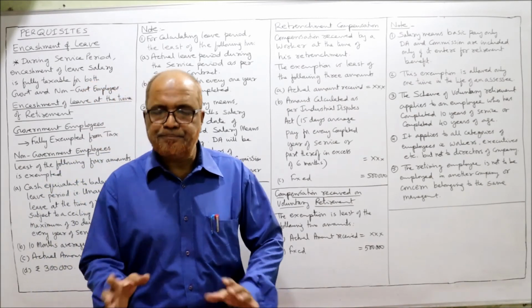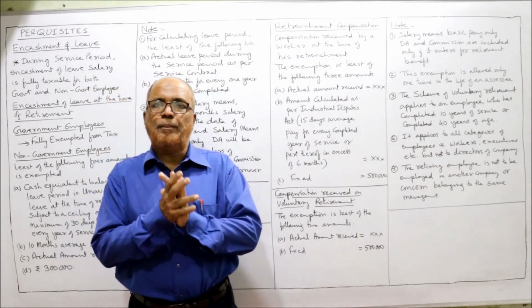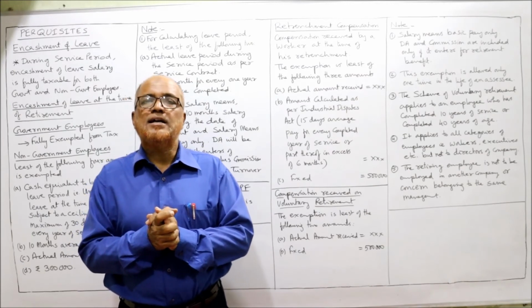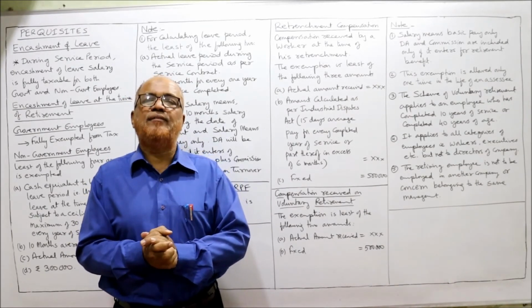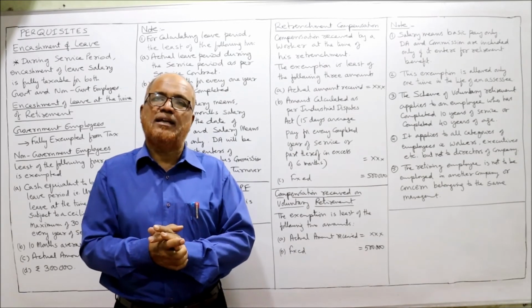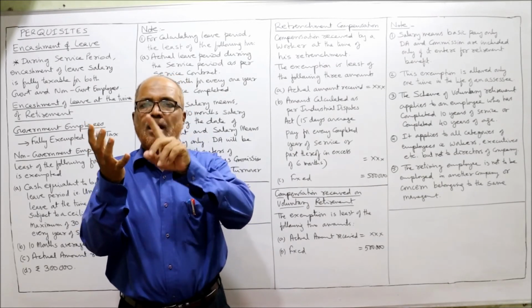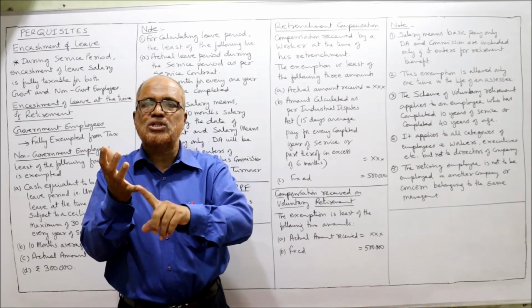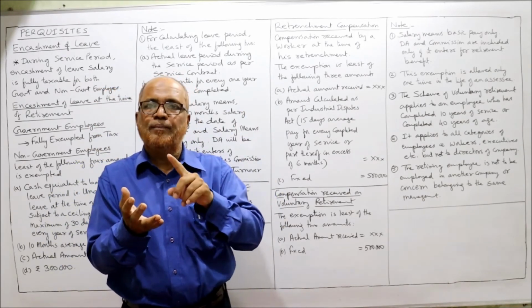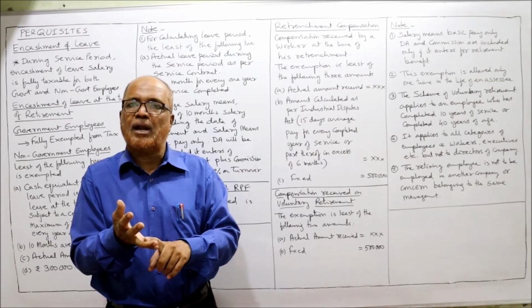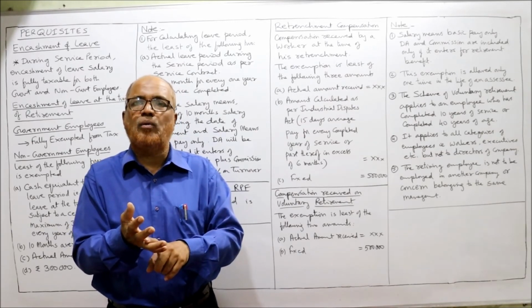So I have completed the theoretical part of the retirement benefits. That means the income tax provisions regarding retirement benefits given to the employee at the time of retirement: commutation of pension, gratuity, leave encashment, retrenchment compensation, then refund from SPF, RPF, and voluntary retirement amount received.